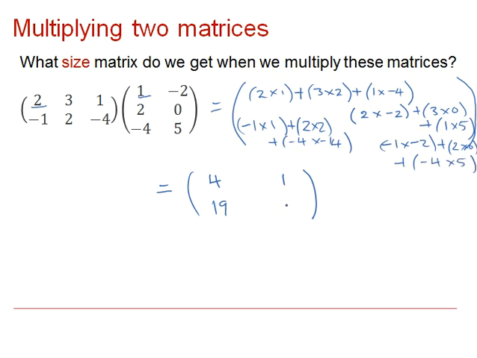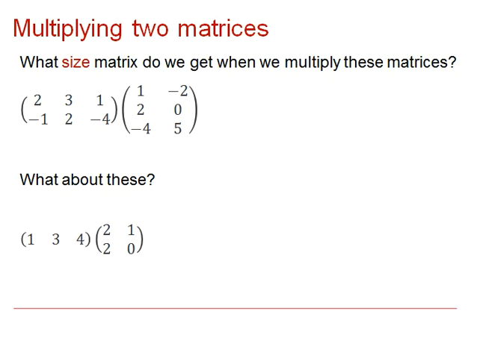When I sort all that out, I get minus 18. So in this particular case, whilst we started off with a 2 by 3 matrix and a 3 by 2 matrix, the product is of size 2 by 2.